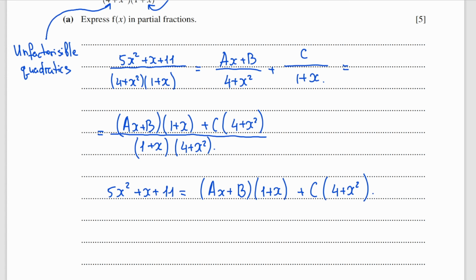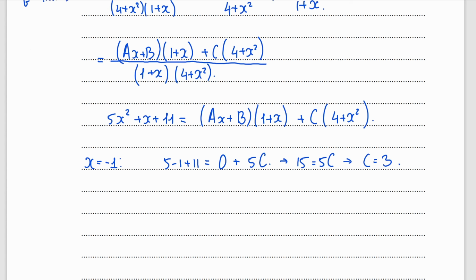Since they must be equal for any x, we're free to substitute any convenient values of x. The first one will be minus 1. Why? Because this way I can cancel out this term. If I substitute x equals minus 1, I will get 5 minus 1 plus 11 on the left-hand side, and on the right-hand side, I will get 0 plus 5c. So therefore, c equals 3.